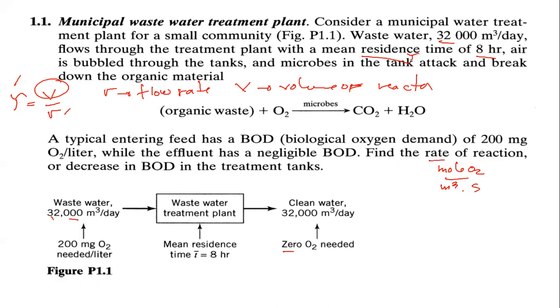First, let's calculate the volume. Our residence time is 8 hours, and the volume is what we are looking for. Our flow rate is 32,000 cubic meter per day. You need to do some conversion, because this is in hours and this is in days. One day is 24 hours, so we cross multiply. What is the volume of the reactor? 8 times 32,000, divided by 24.